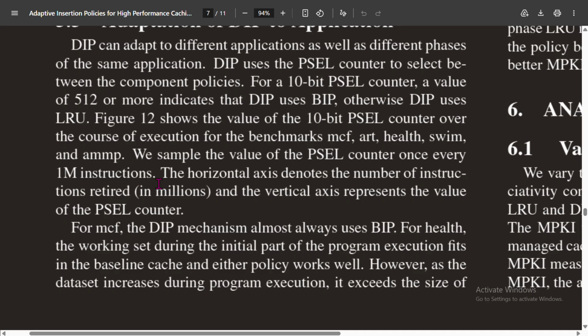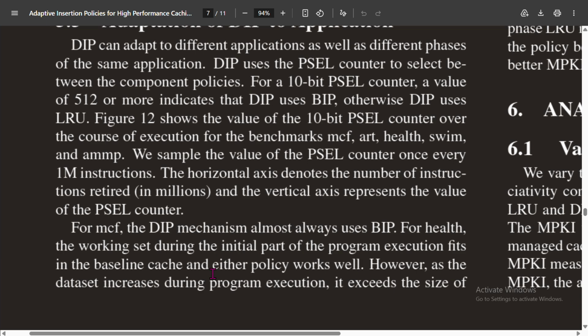We sample the value of the PSEL counter once every 1 million instructions. The horizontal axis denotes the number of instructions retired in millions, and the vertical axis represents the value of the PSEL counter. For mcf, the DIP mechanism almost always uses BIP.